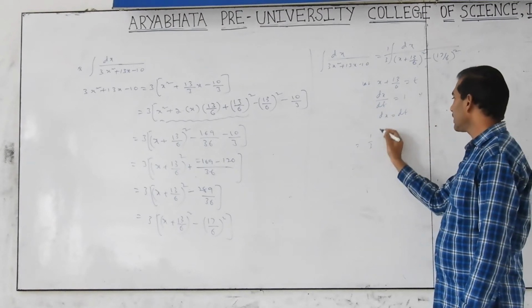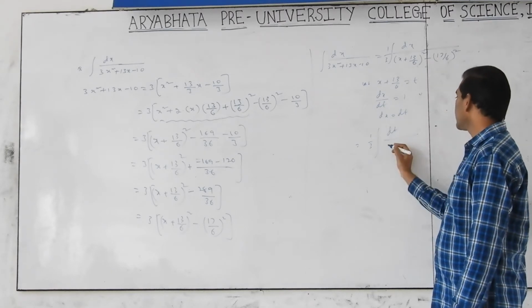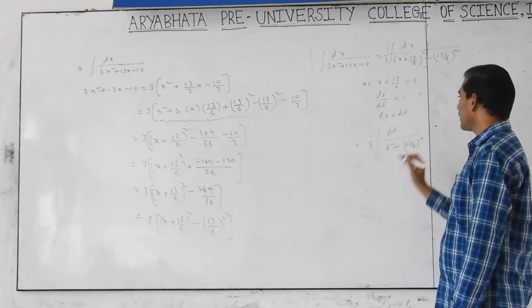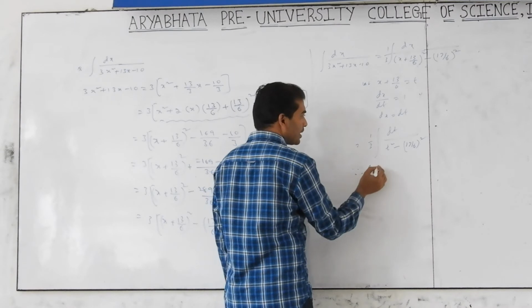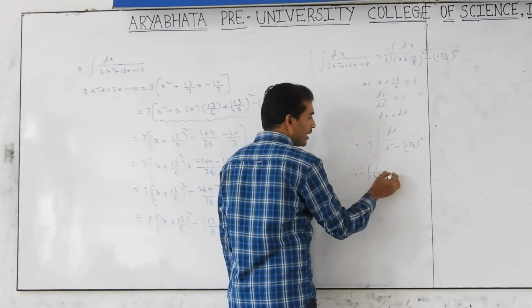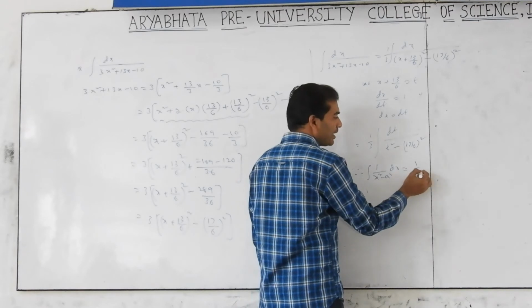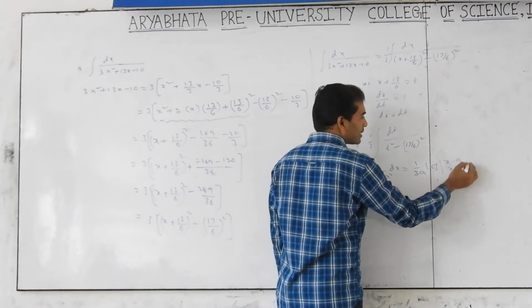So 1 by 3 dx equals dt by t square minus (17 by 6) whole square. Which form does it contain? Integration of 1 by x square minus a square dx. The formula is 1 by 2a log of (x minus a) by (x plus a).